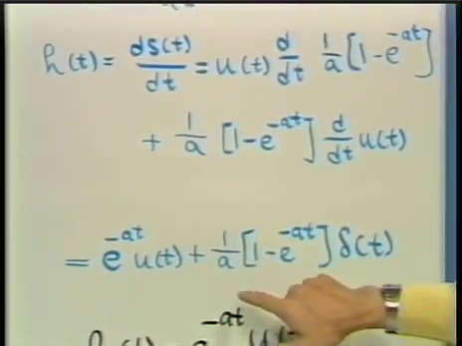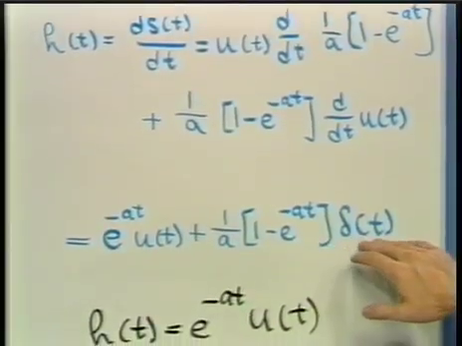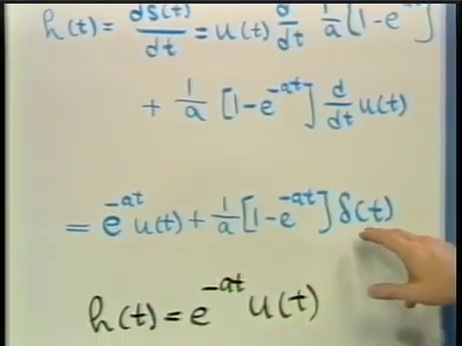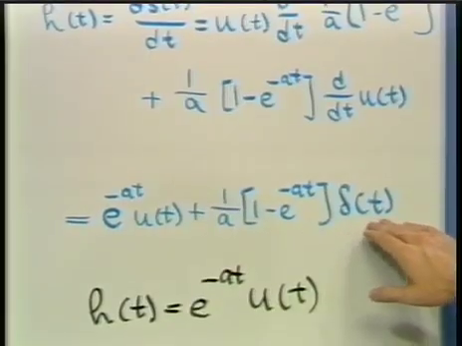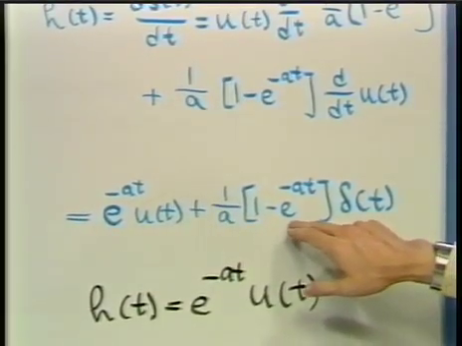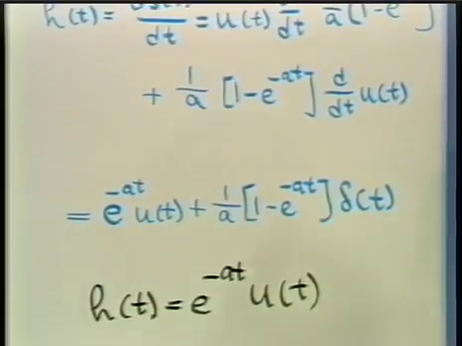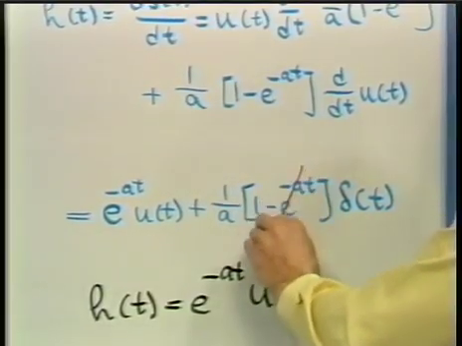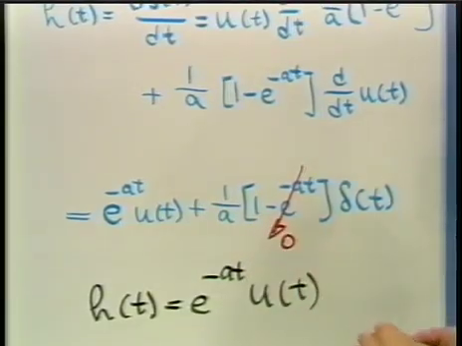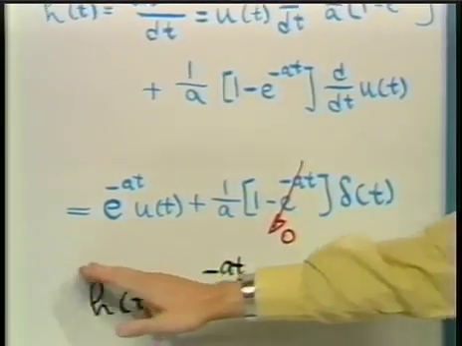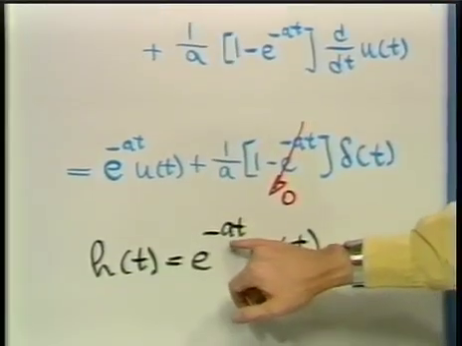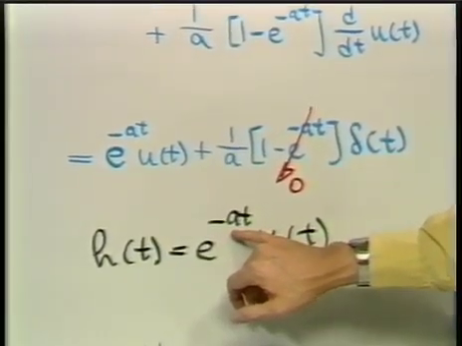Recognizing that this is a time function times an impulse, and we know that a time function times an impulse takes on the value at the time that the impulse occurs, then this term is simply 0, and the impulse response finally is an exponential of this form.